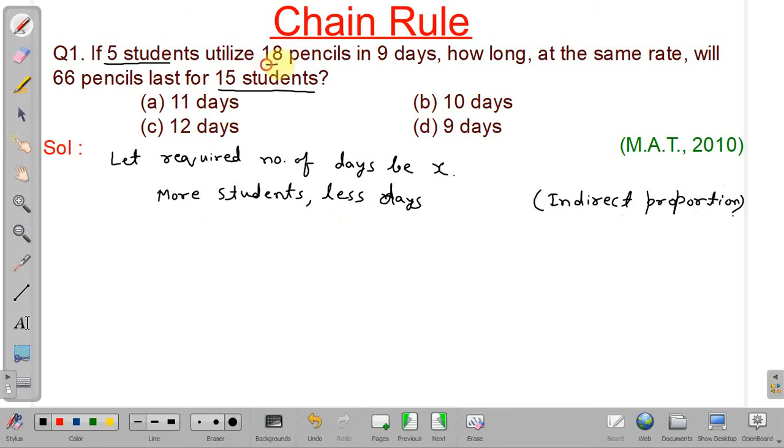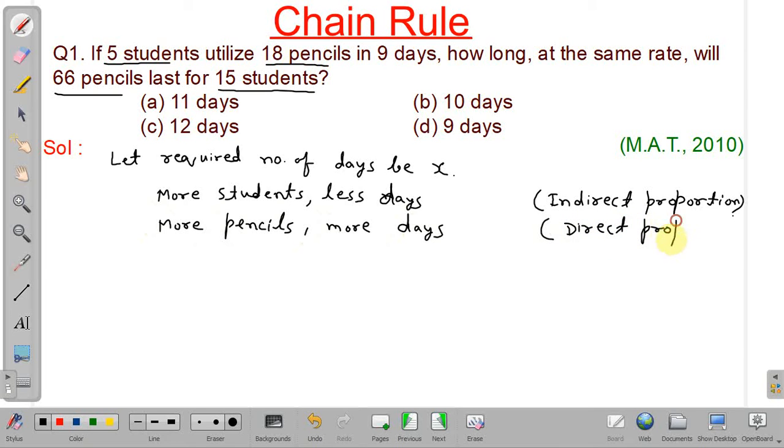So in first case 18 pencils are there, second case 66 pencils. So more pencils, more days. So it is direct proportion.